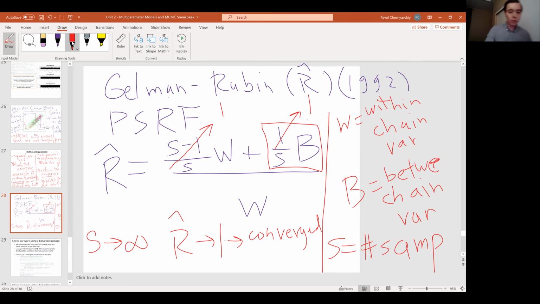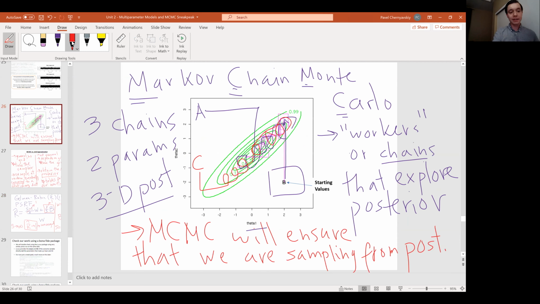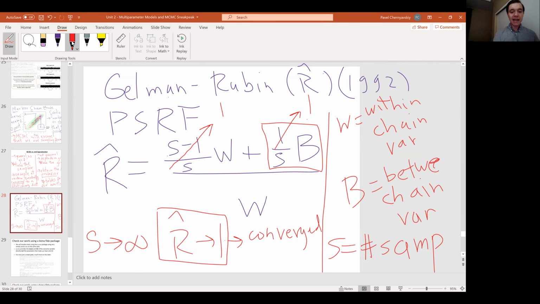So that's what we want. We want R hats, the potential scale reduction factors, of 1, because that is the case where, in a way, my chains are covering the same space. And if they're covering the same space, I have found the same posterior from random starting locations using 3 separate sequences of random numbers. So that's what happens as we take a large enough number of samples.